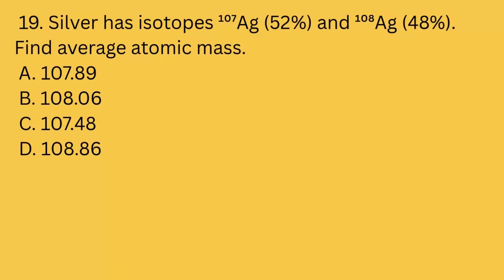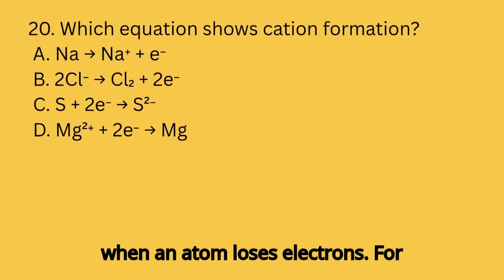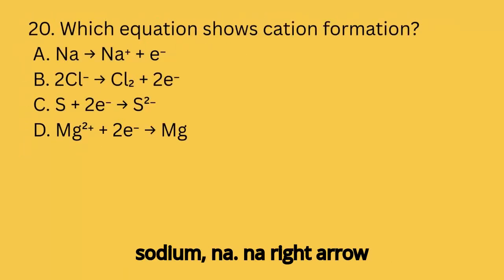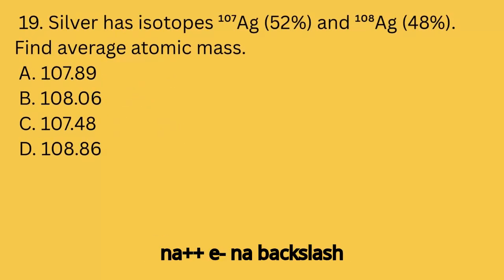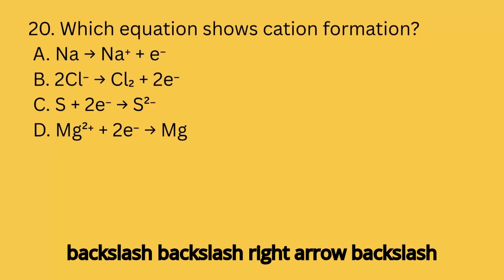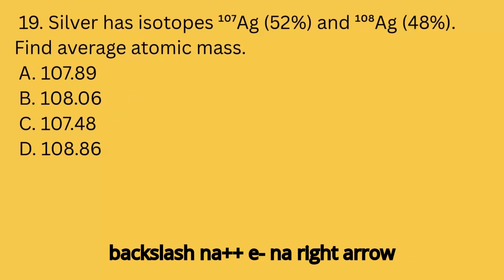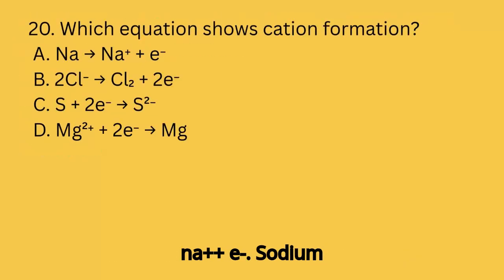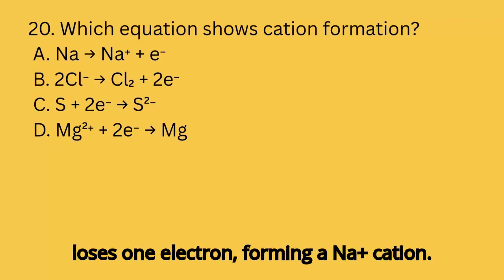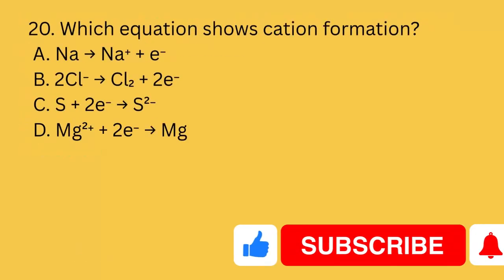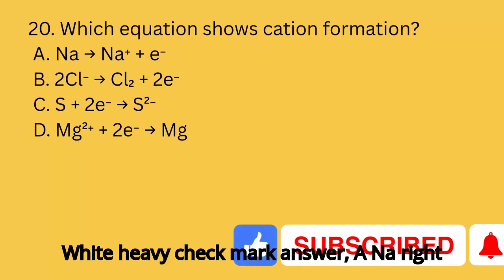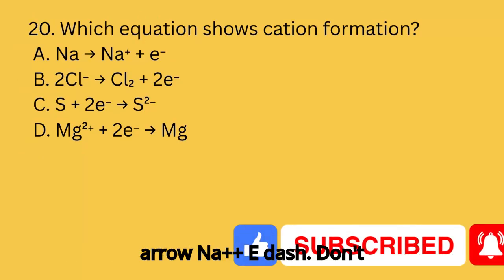They are formed when an atom loses electrons. For sodium: Na → Na⁺ + e⁻. Sodium loses one electron, forming a Na⁺ cation. Answer: A, Na → Na⁺ + e⁻.